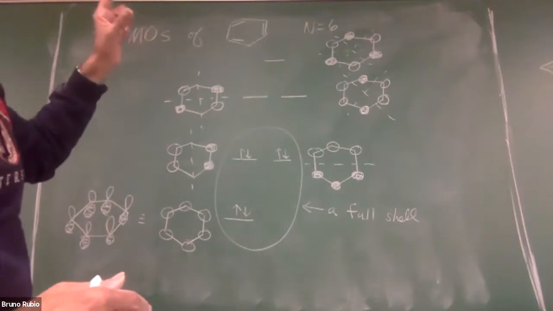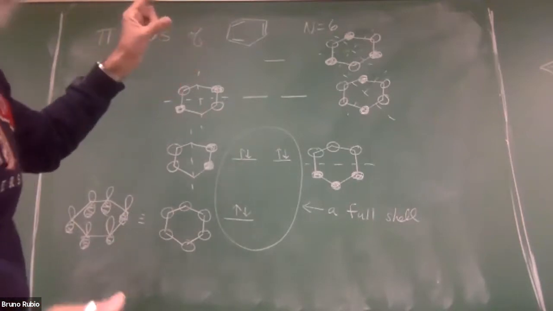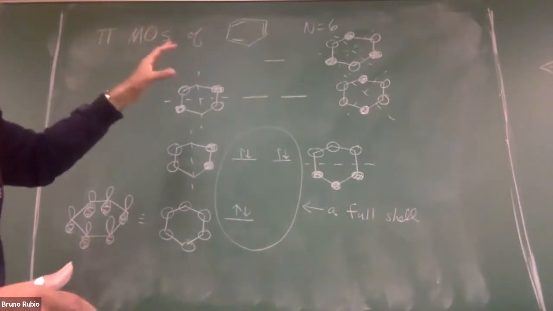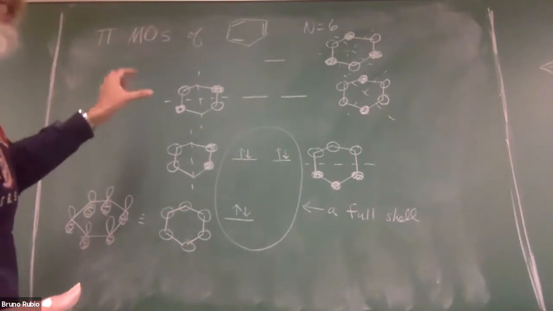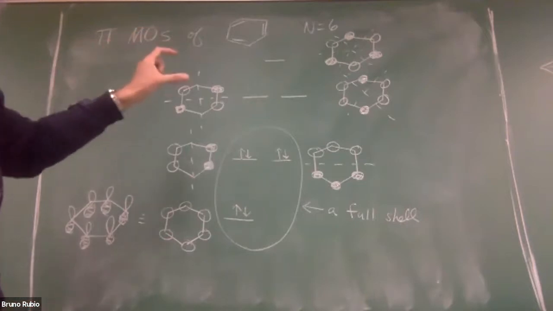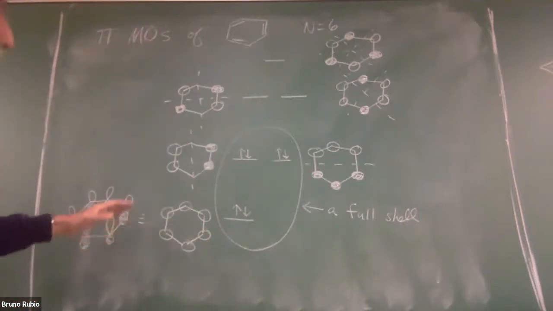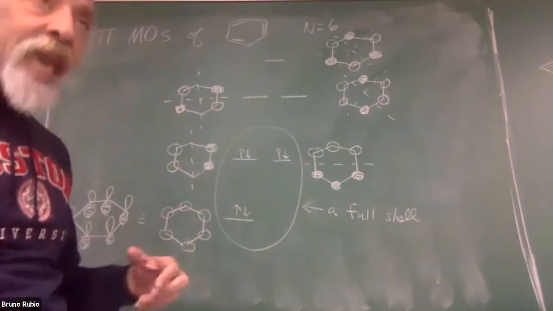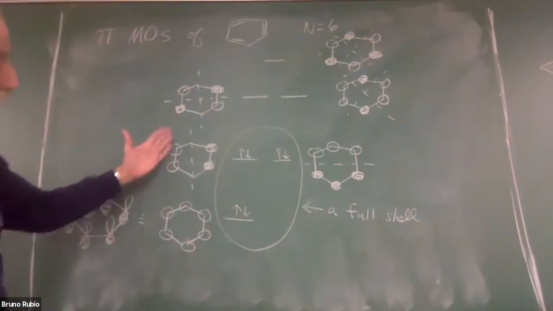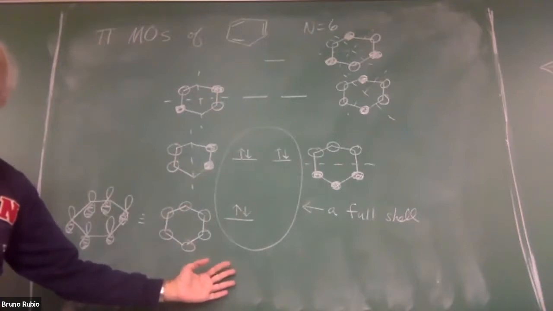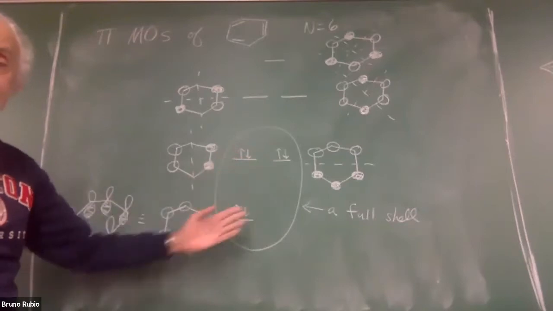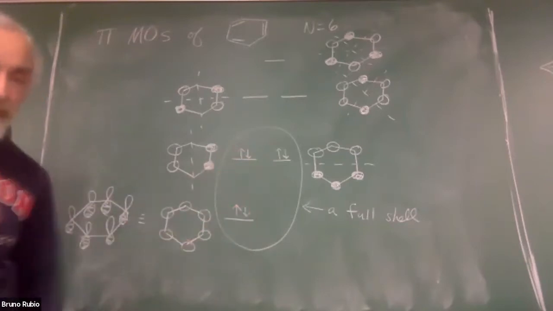Helium has a full 1s shell. Neon has a full 2s and 2p shell, and so on down the periodic table. That's why those noble gases are so unreactive and so stable. It's the same explanation for benzene. We have a full shell, and that's what confers the stability.